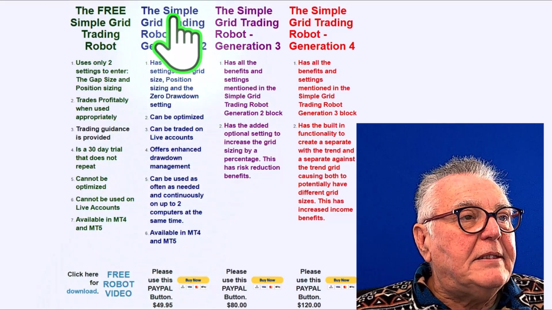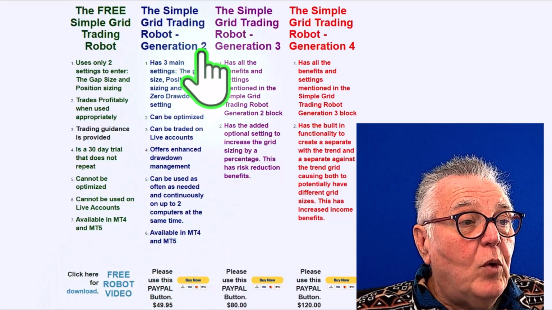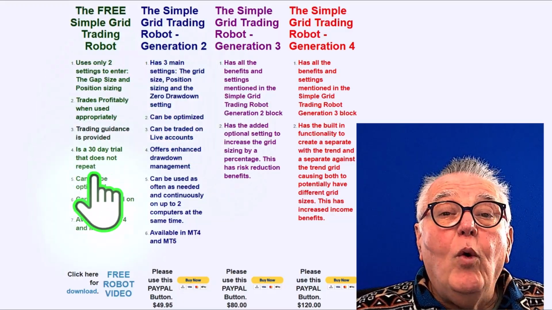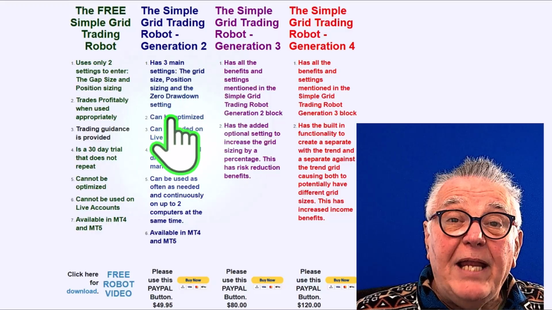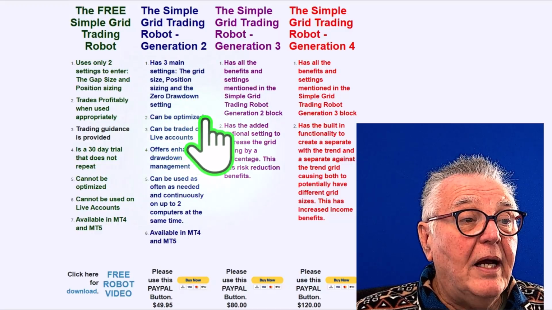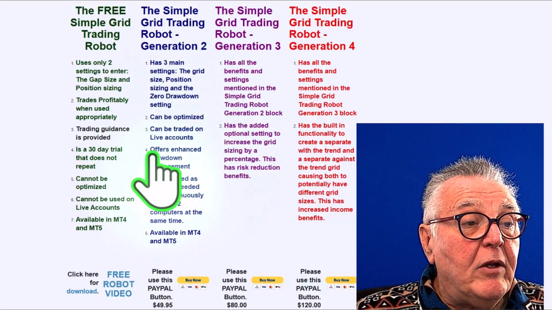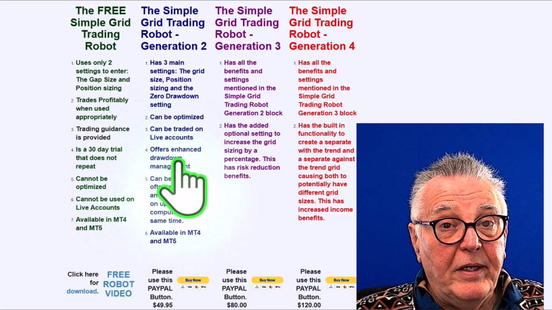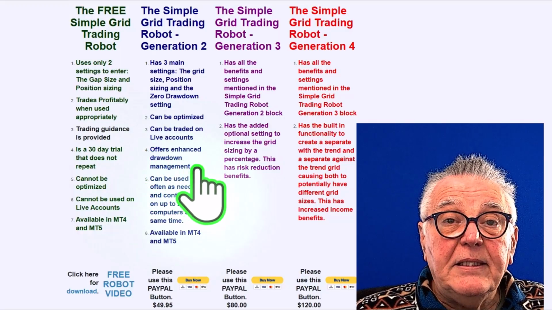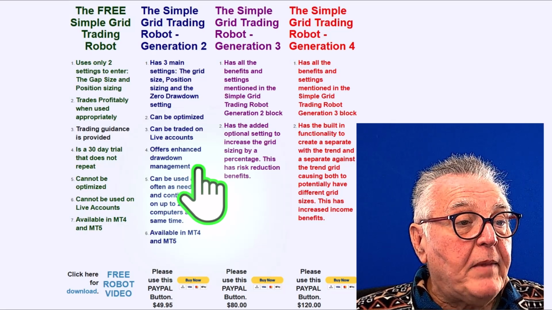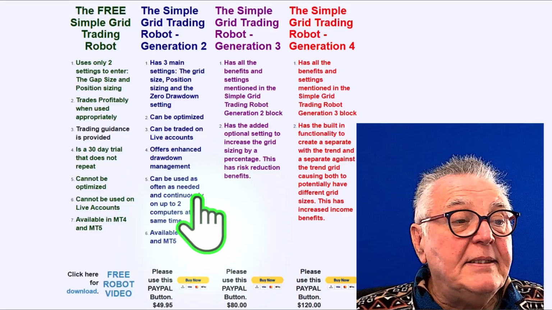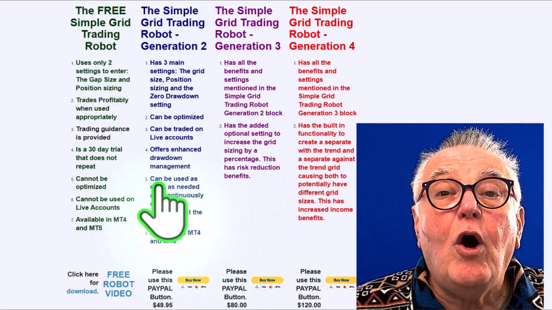Then we look at generation 2, and it has all the good things of the free one, but it can be optimized. It can be traded on live accounts. It offers enhanced drawdown management by grouping the open trades in a basket and closing them when appropriate. And here's the thing with licensing, it can be used as often as you like.